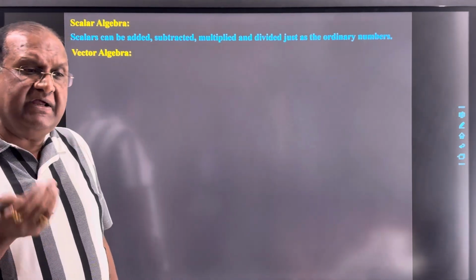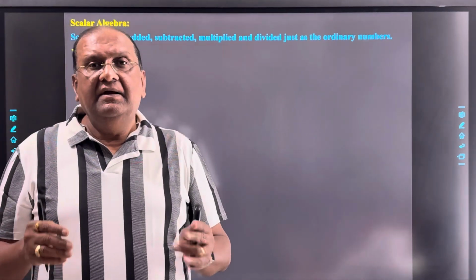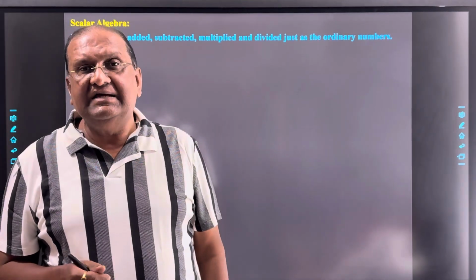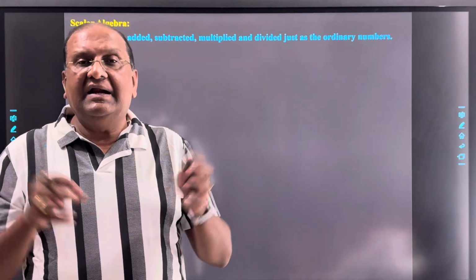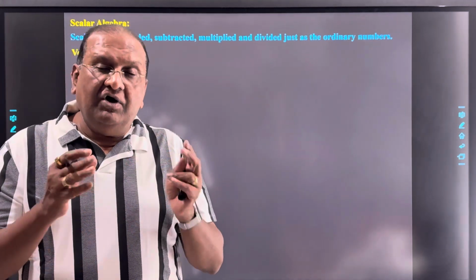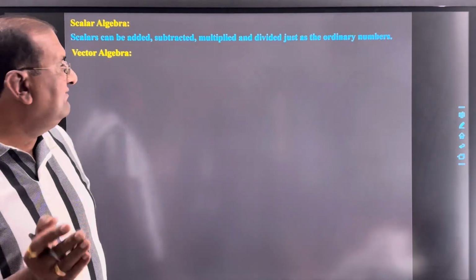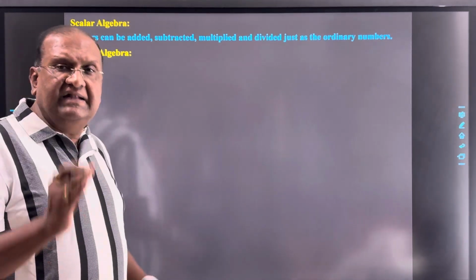Or in other words, we can say when two or more than two vector physical quantities are combined, then what will be the resultant effect that can be represented with the help of vector algebra.